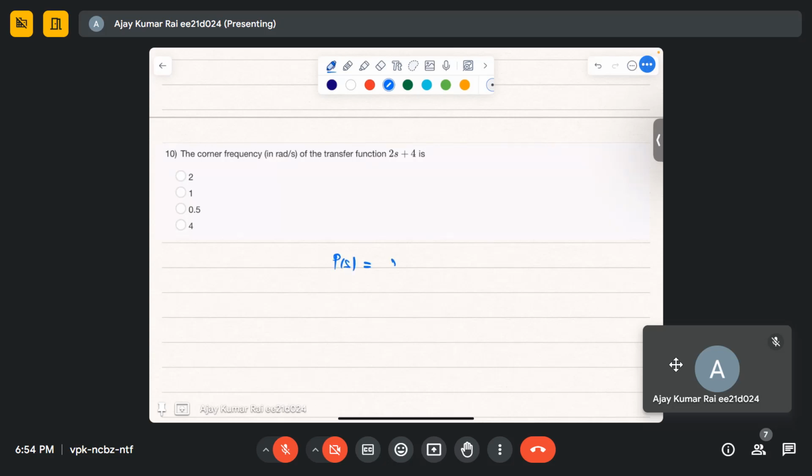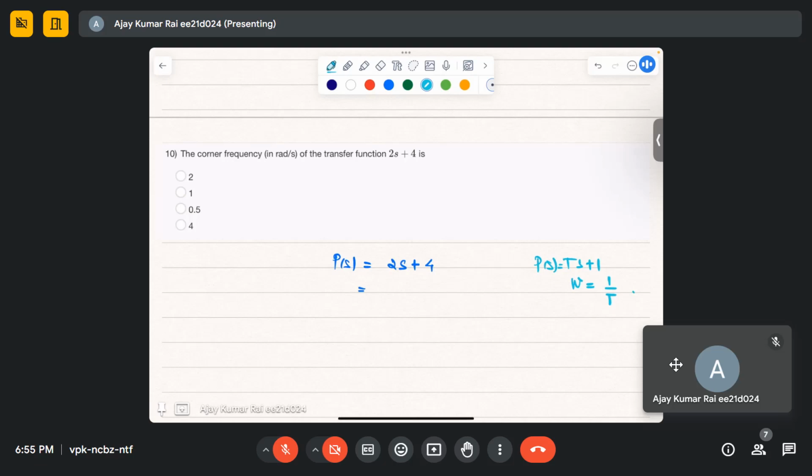So we have a numerator-only transfer function, 2s plus 4. Here also the simplest technique is to write it in the form we have studied, Ts plus 1. The corner frequency was equal to 1 by T, that we have seen.